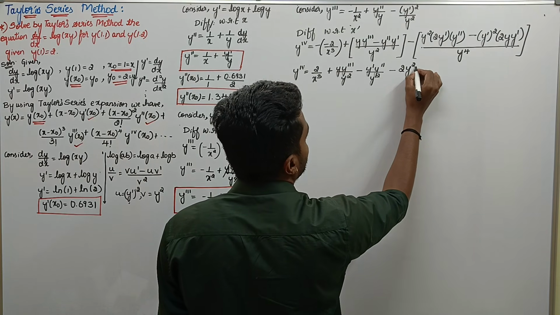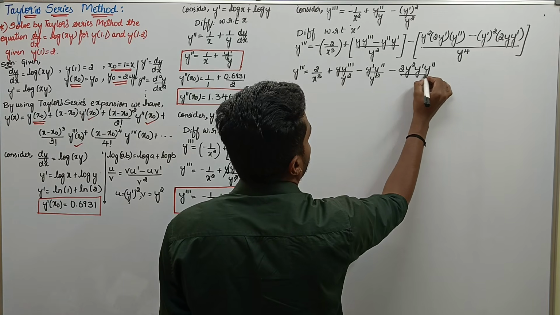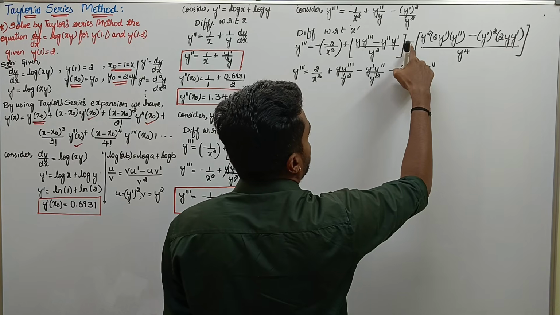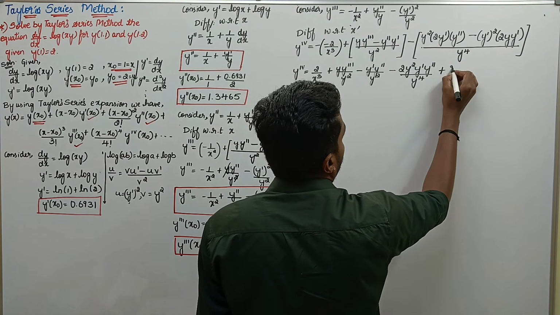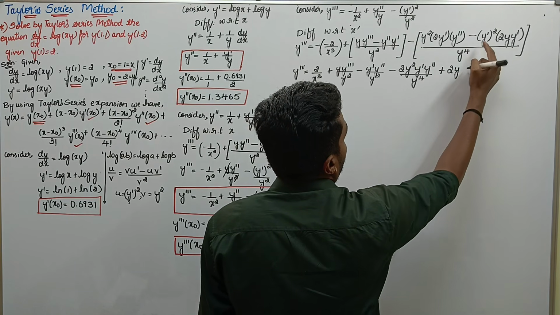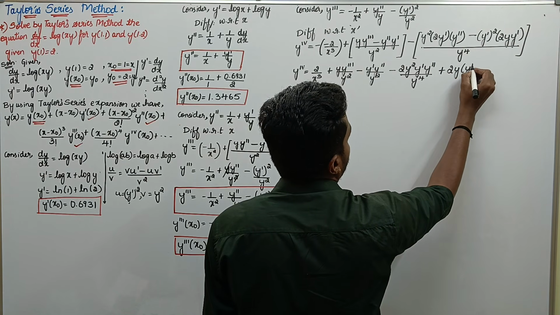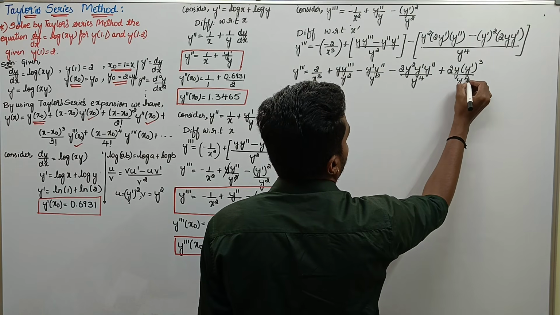Just rearranging, y dash y double dash whole divided by y to the power of 4. Next, minus into minus plus 2 y dash whole square, y dash, you get y dash whole cube divided by y to the power of 4.